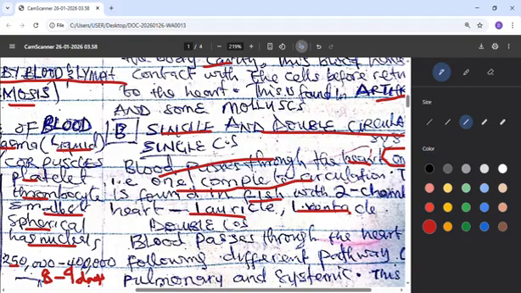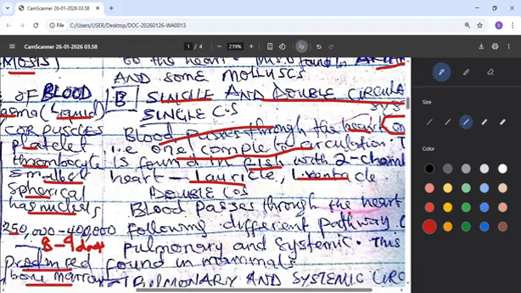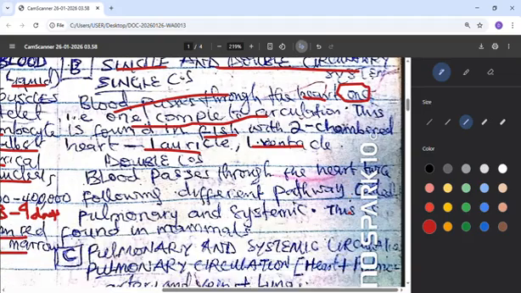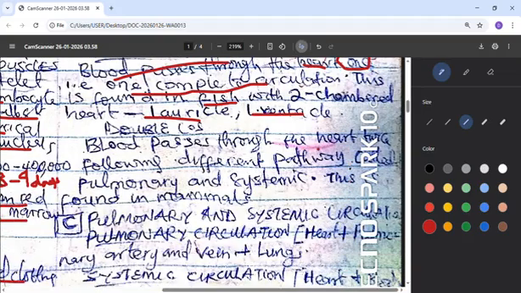So then that leads us to double circulatory system. For double circulatory system, blood will pass through the heart twice, following different pathways called pulmonary and systemic.